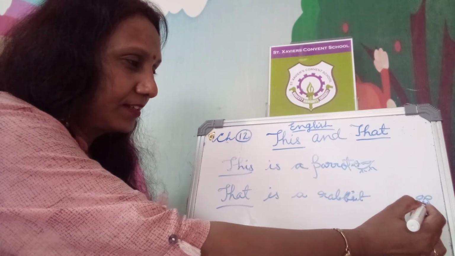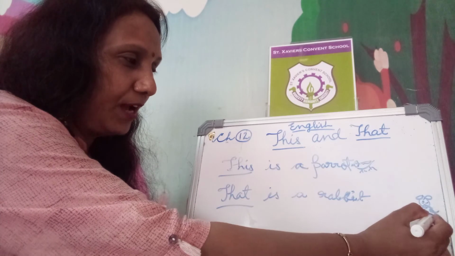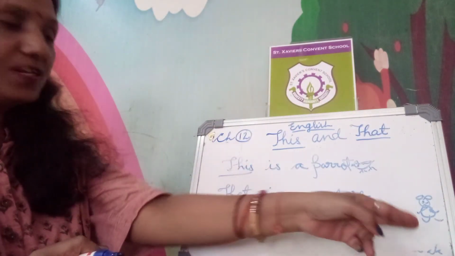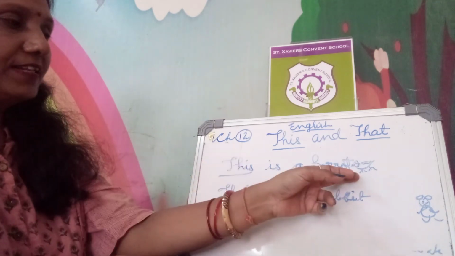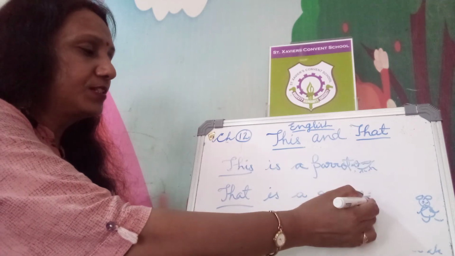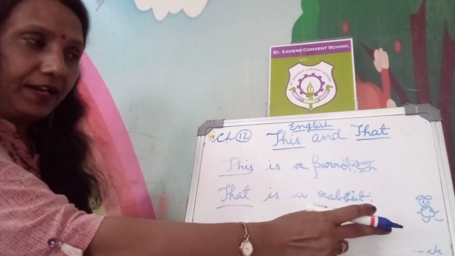Rabbit is just sitting. Okay? That one is far, so it's called that. Parrot is near, that's why it's called this. What have we used? This is a parrot, that is a rabbit. Okay?